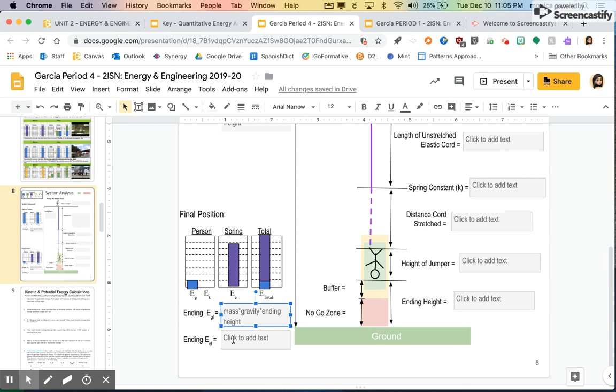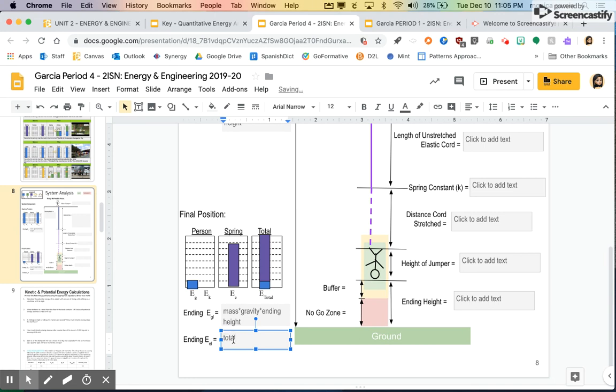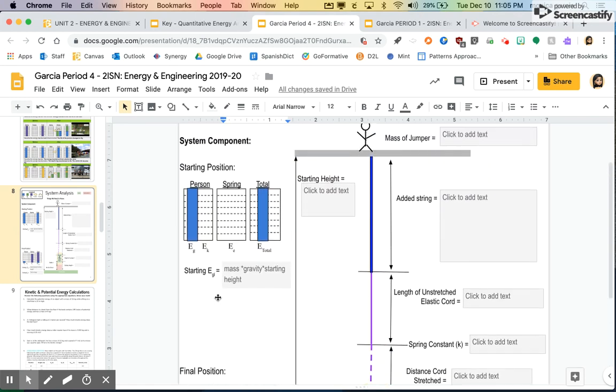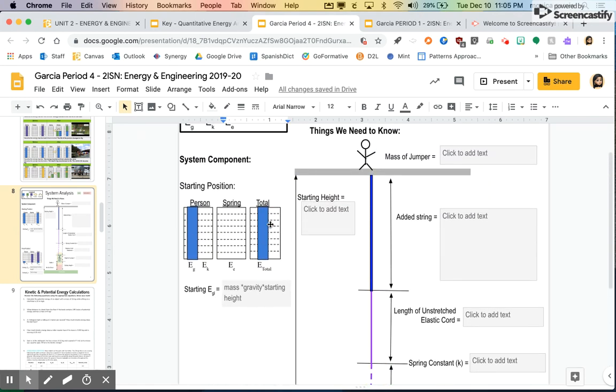The elastic energy then, we could use the equation that we found in our elastic energy lab, but an easier way to find the elastic energy is to take the total energy minus, well, let's say this. The total energy we calculate here, right? This is the total to start with.